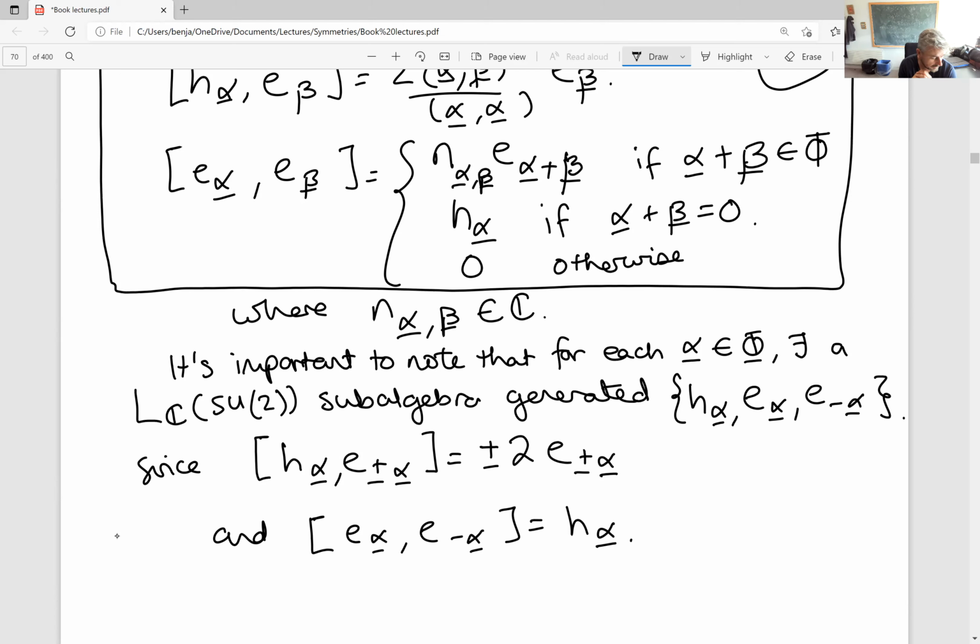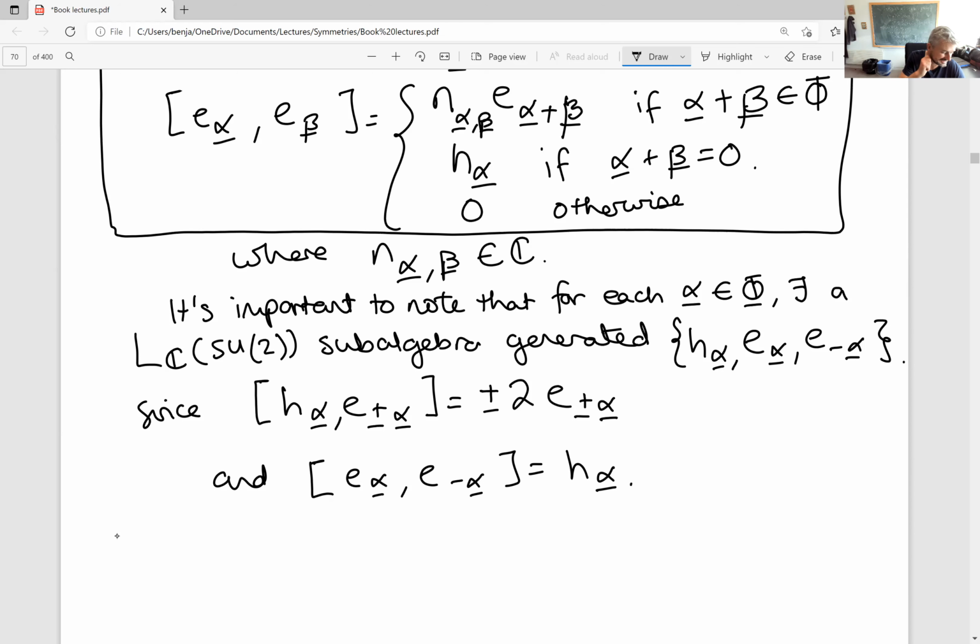And okay, so because the complexified SU2 is similar to SL2C, it's customary to call this subalgebra SL2, but there's one for each alpha, so we'll label it with a suffix alpha.